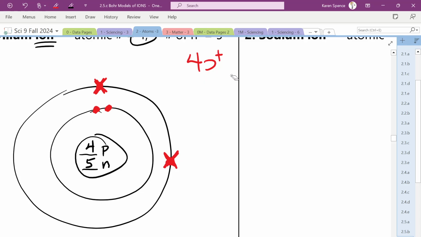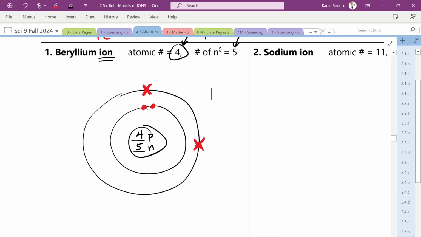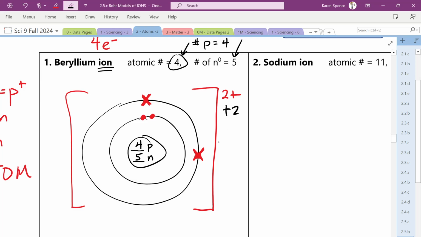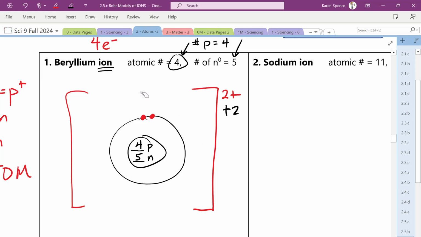So make sure that when you draw your Bohr model, if it's an ion, you put brackets around it and put a 2 plus at the top right corner. If you write plus 2, that's also okay. But you do need to have these square brackets around the whole thing. Okay? So you can either cross these out, or if you feel like erasing, you can erase the whole thing. Up to you which one you prefer.